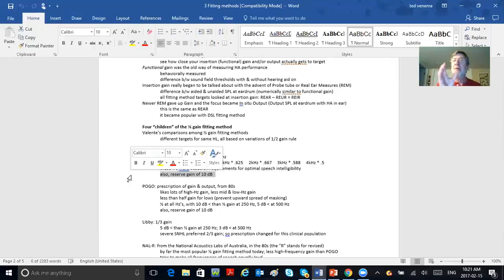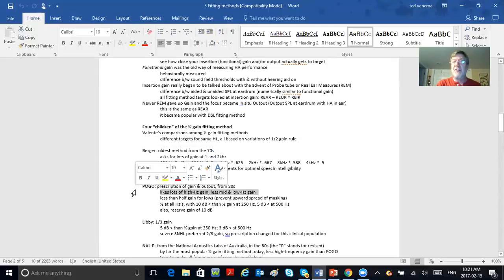Next came POGO, prescription of gain and output. It likes a lot of high frequency gain, just like Berger did, but it gives a little bit less mid and low frequency gain. Less than half gain for lows to prevent the upward spread of masking. Remember what that is?